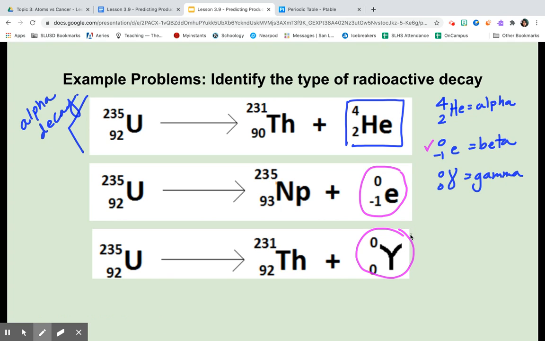I might notice that this is the same as the gamma symbol. So this third one is going to be gamma decay. And the second one we talked about earlier was beta decay. That's how I identify each of the types of radioactive decay.